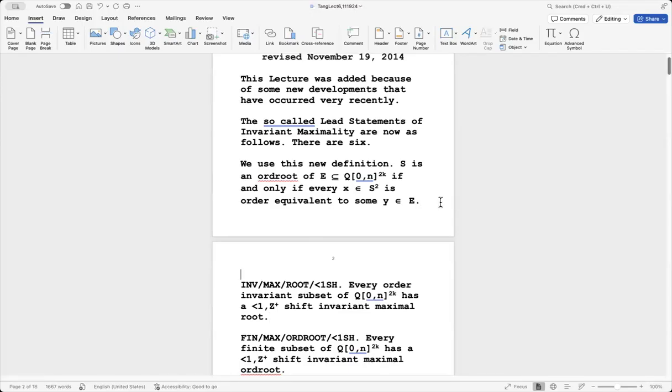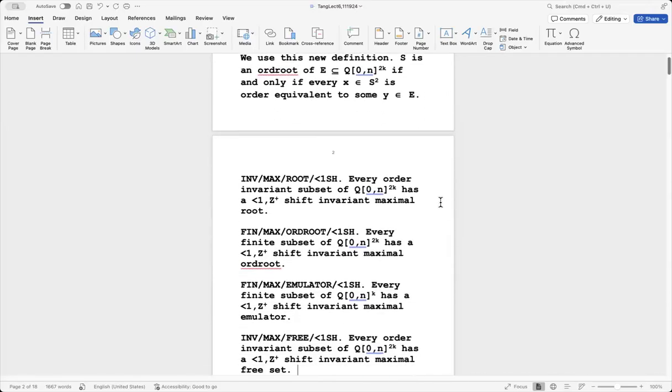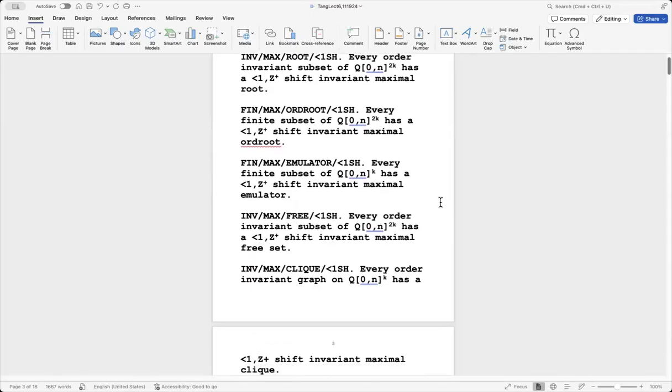So here are the 6 statements. Every order invariant subset in 2K dimensions has an invariant maximal root. That has always been the lead statement.